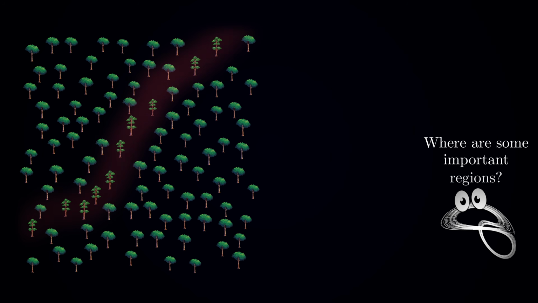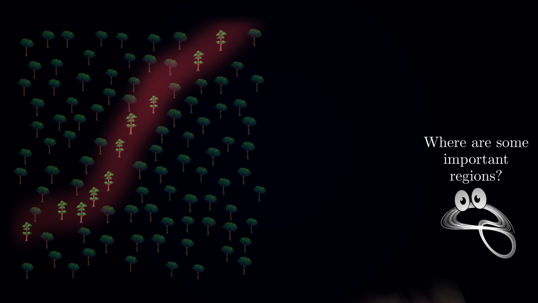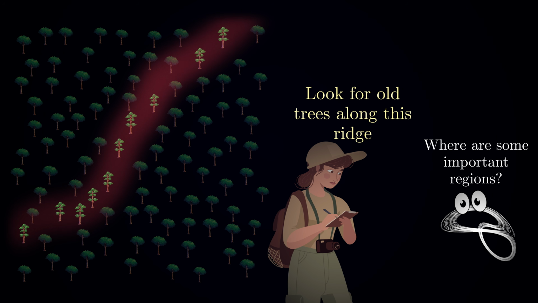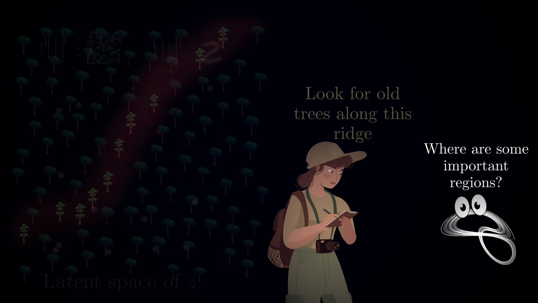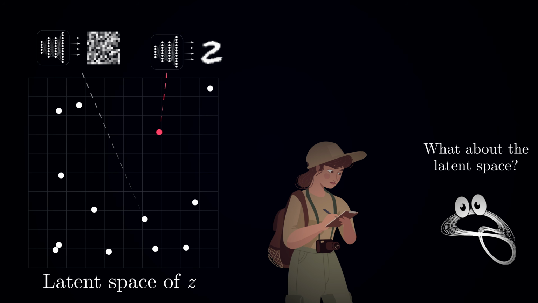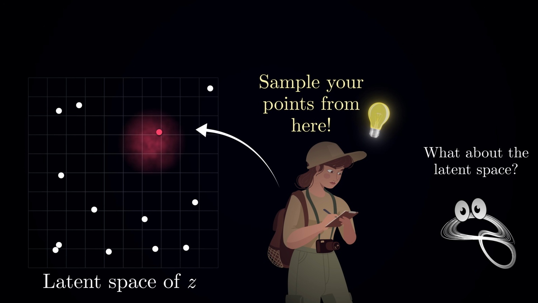In this forest example, we somehow knew about the ridgeline and where to pay more attention. Maybe we had a local guide who could tell us where to find important samples. But how would we know which regions in the latent space are important, that have high likelihood, without actually computing it first? Wouldn't it be great to have this kind of forest guide for our generative model?